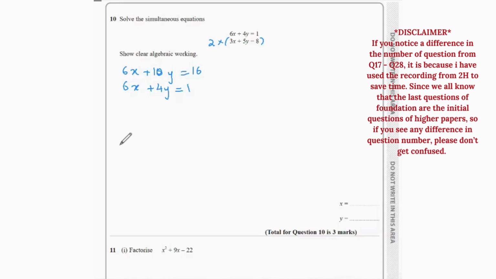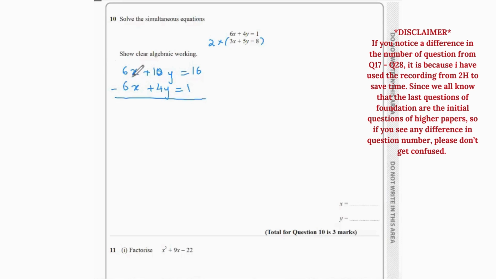Let's say it had opposite signs, one positive and the other negative. In that case, you will add the two equations. So remember, if the signs are opposite for the variable you want to eliminate, you add them. If the signs are the same, you subtract the equations. So in this case, we subtract them.